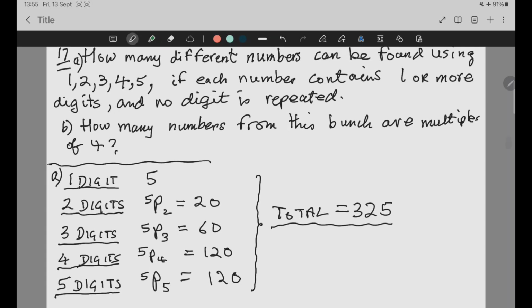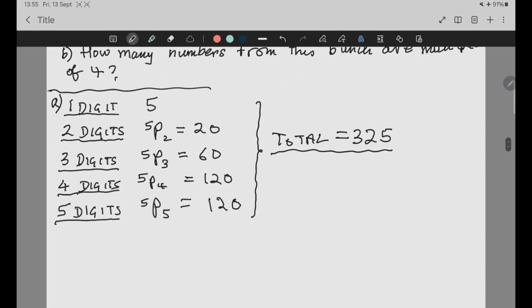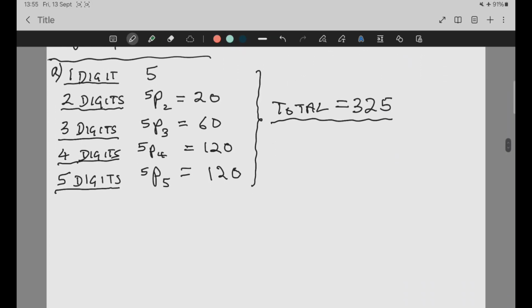We now move on to slightly more difficult, I think, part B. We've got to sort out what sort of numbers will be divisible by 4. Well, how many are divisible by 4?